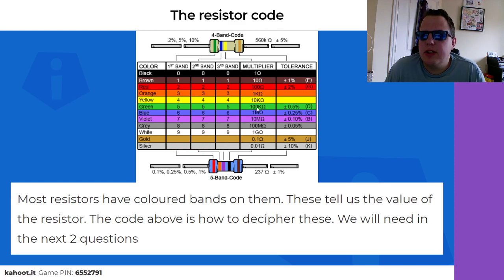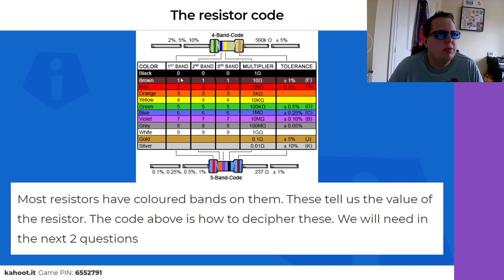So the next 2 or 3 questions, I think it is, all need this table. Now, this table does come up again. But the way it works is you hold your resistor, and there will be either a gold or silver band normally on one side, so you put that, as you're looking at it, on the right hand side, and then the colours going across.